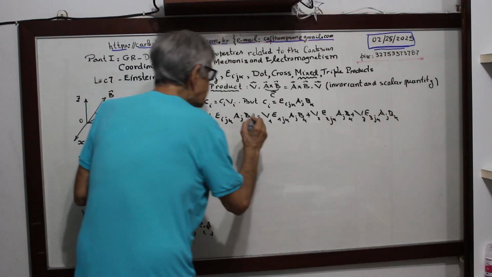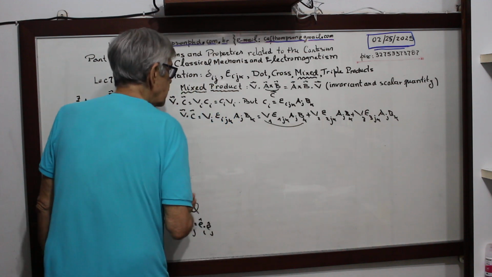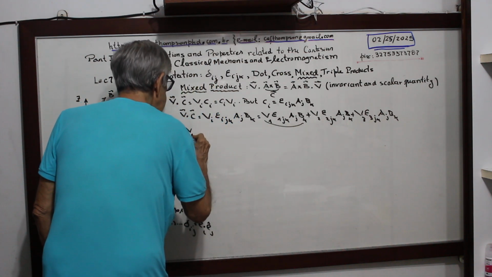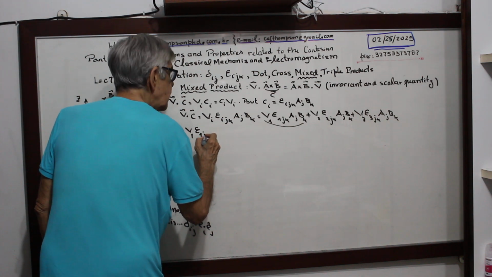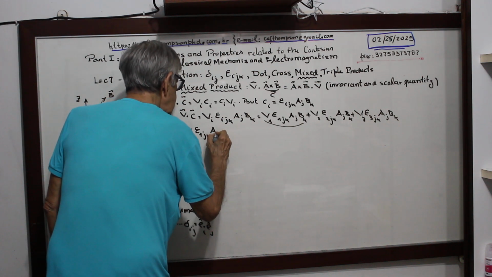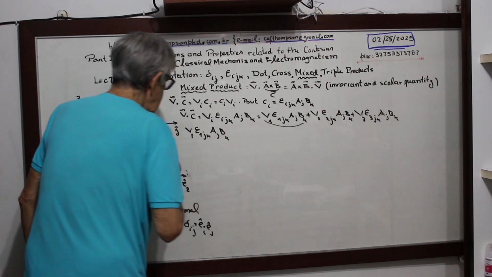Now let's focus on this term over here. v1 epsilon_1jk a_j b_k.